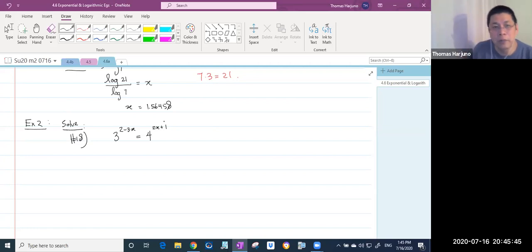Now, this problem can be done using 4 different bases. So you have more than one way, at least 4 ways to do that.